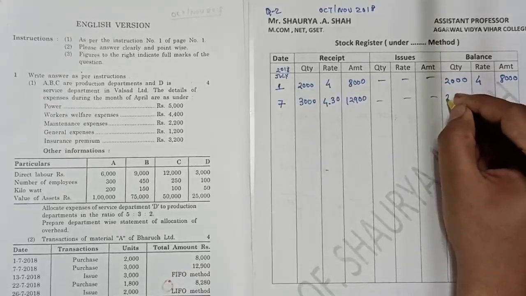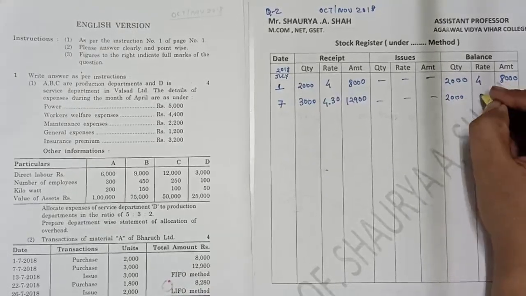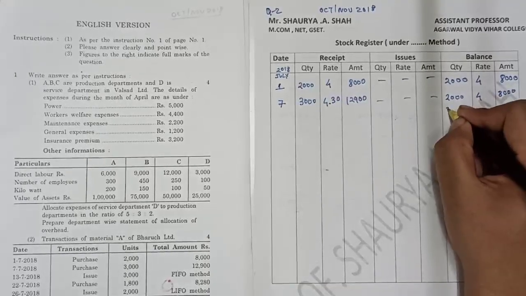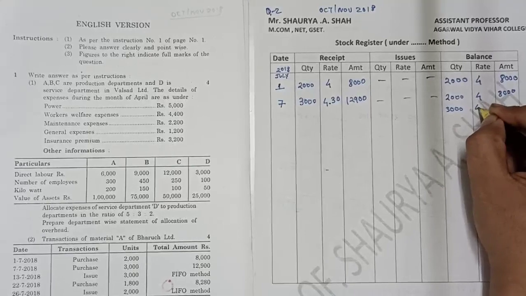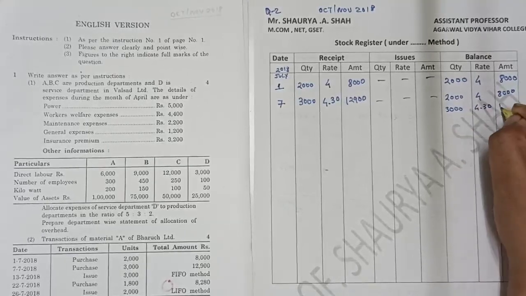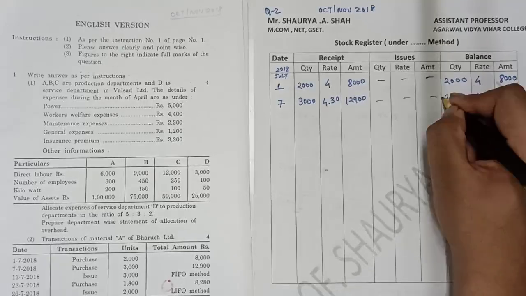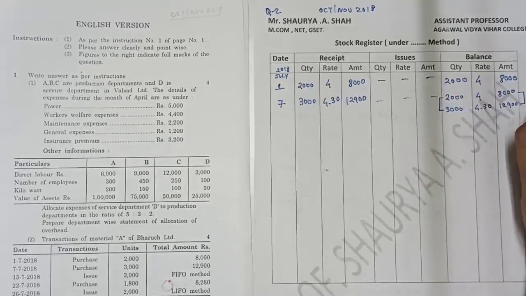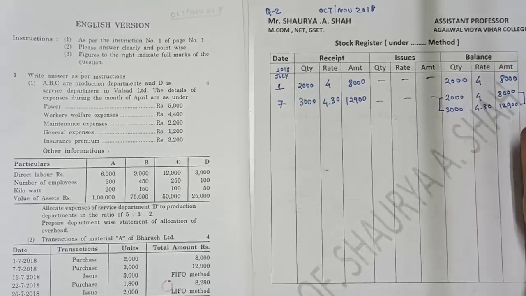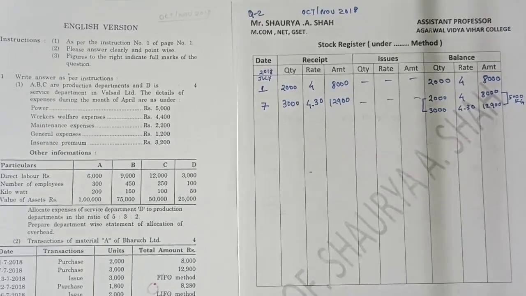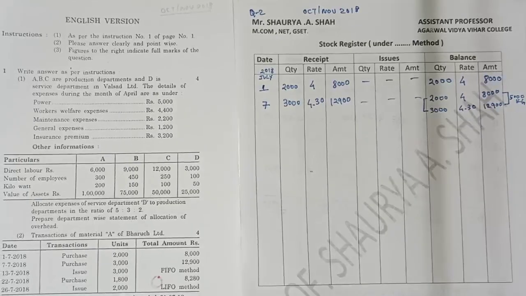So closing stock will be 2000 into 4 is equals to 8000. New 3000 into 4.30 gives me 12,900. This is the total, as we always do, the bracket of 5000 kg, right? So I am having 5000 kg in my closing stock, that is closing balance, right?